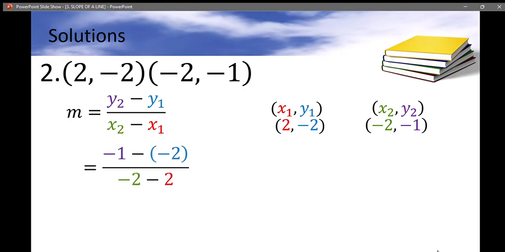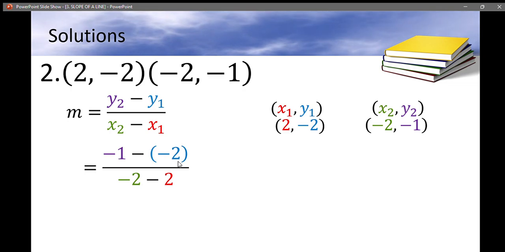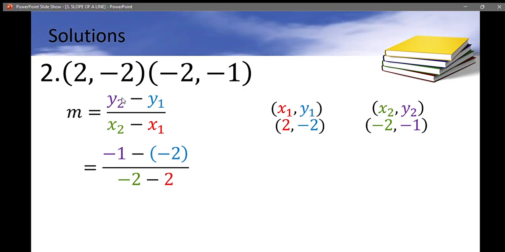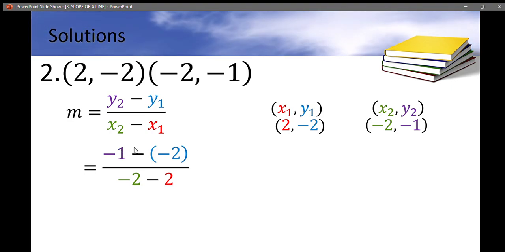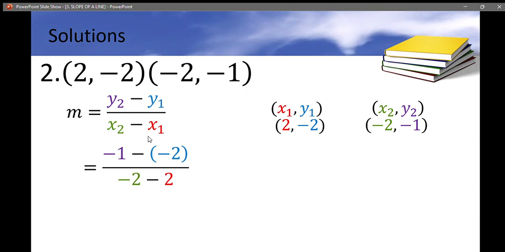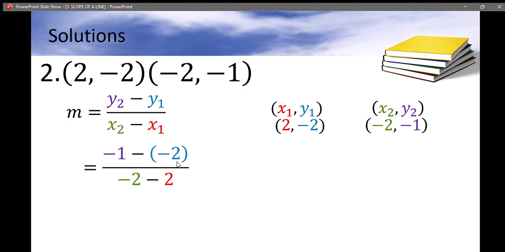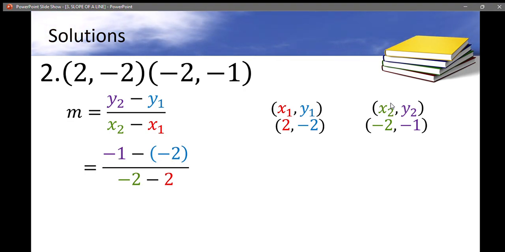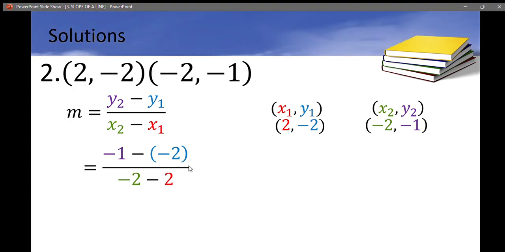Next, substitute our values into the formula. We have y sub 2, which is negative 1, minus y sub 1, which is negative 2, so parenthesis first, negative 2, and then close it. All over x sub 2, negative 2, minus our x sub 1, which is positive 2.